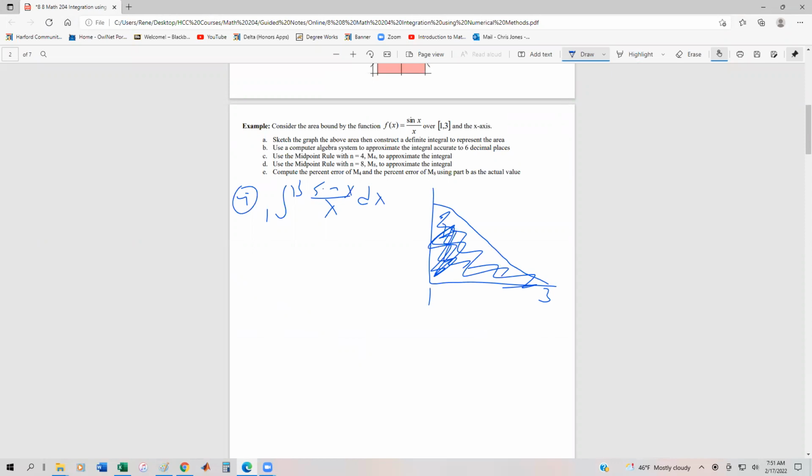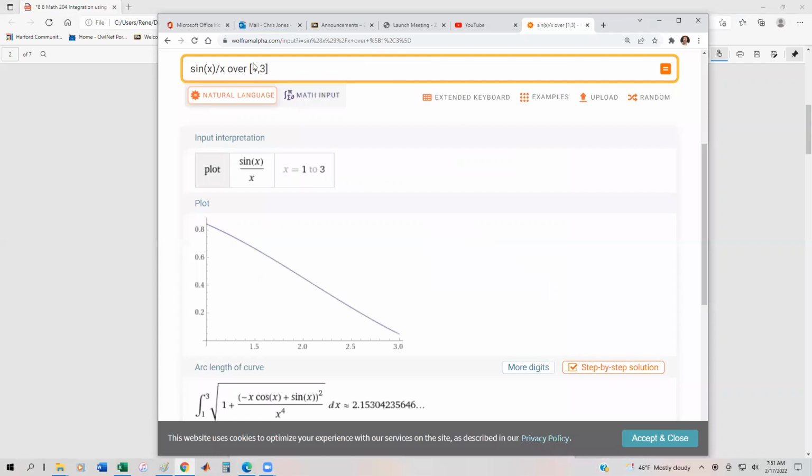Now for letter B, we need a computer algebra system to approximate the integral accurate to 6 places. So in Wolfram Alpha I'm going to type in integrate sine x over x, comma x, comma 1, comma 3.